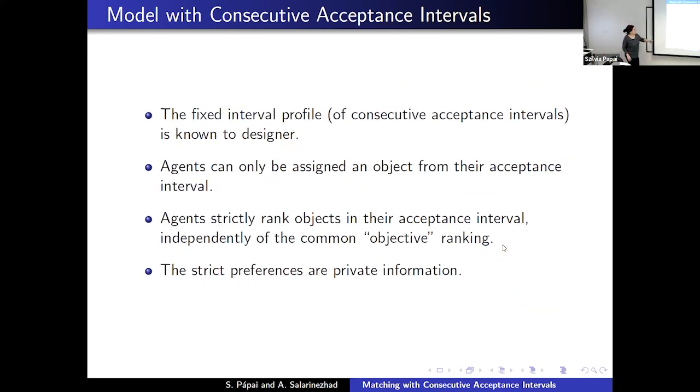But what's really important is that the agents strictly rank the objects independently of the common ranking. The range is determined on the common ranking, and agents can only be matched to objects within that range. However, once that range is given, within it agents are free to order the objects.